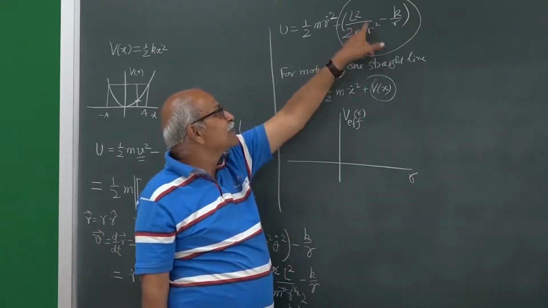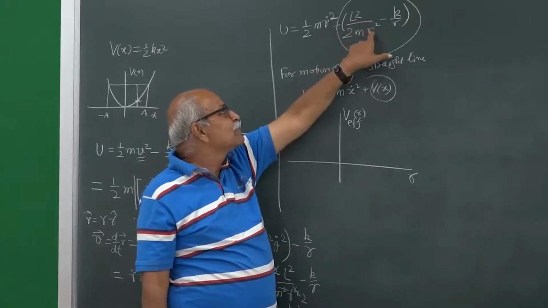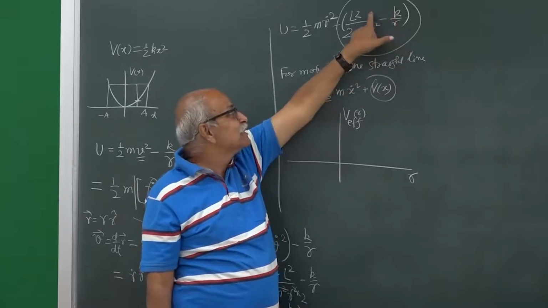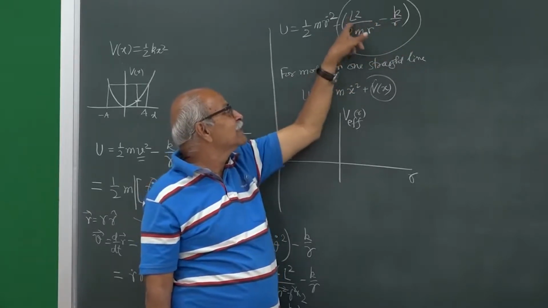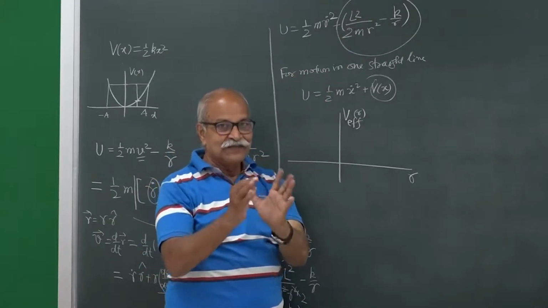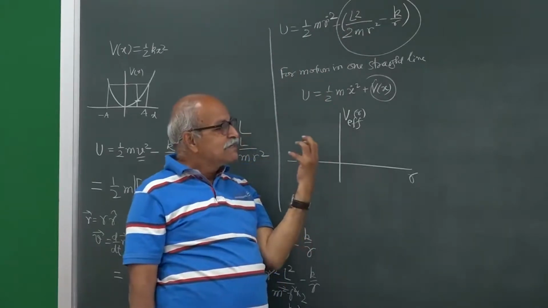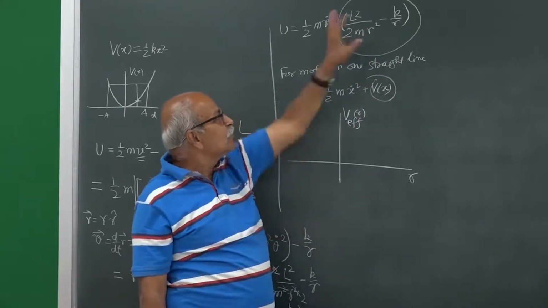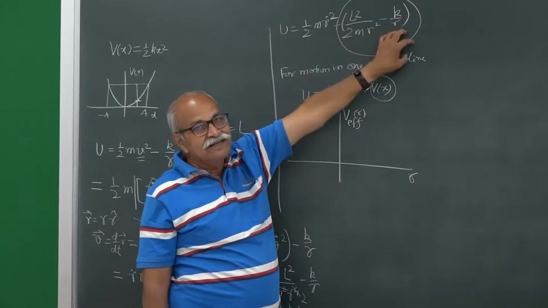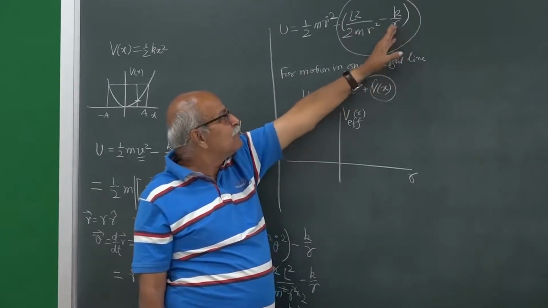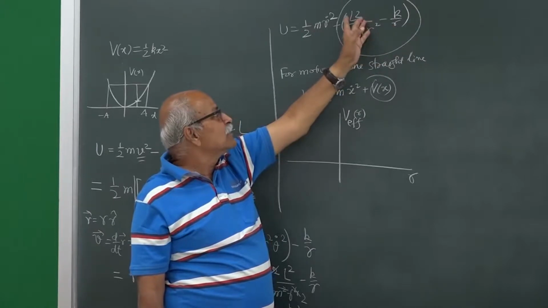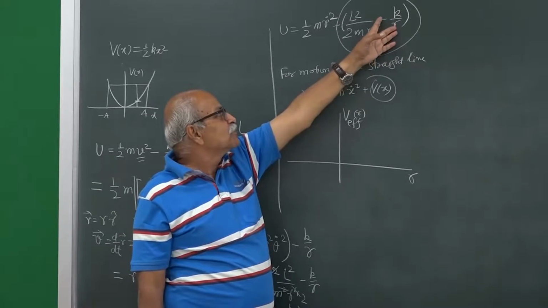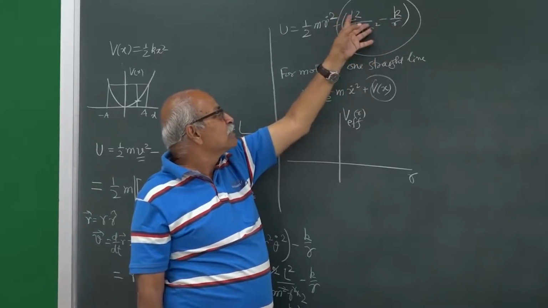So, this 1 by r square term will dominate over the 1 by r term. L square, m, k are all fixed, so if r is sufficiently small, you can always make this much larger than this. So, for very small values of r, the positive term will dominate, and the negative term will be much smaller in magnitude.